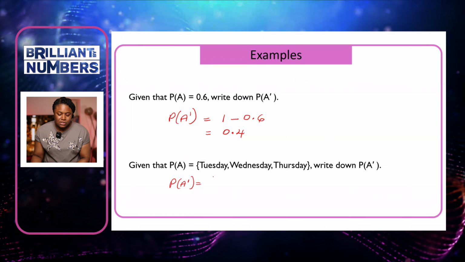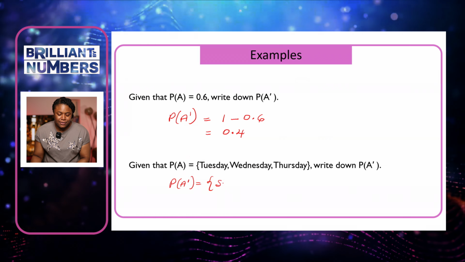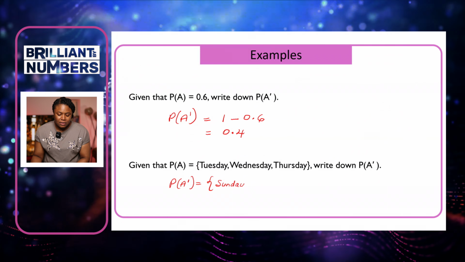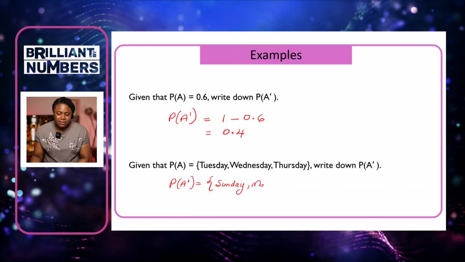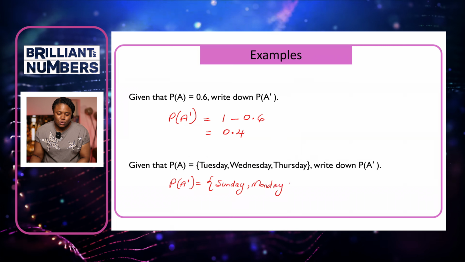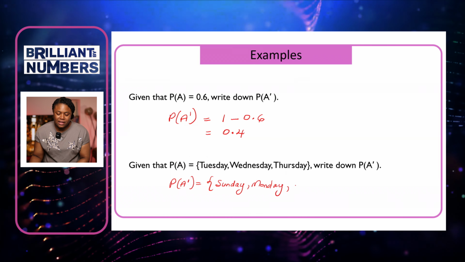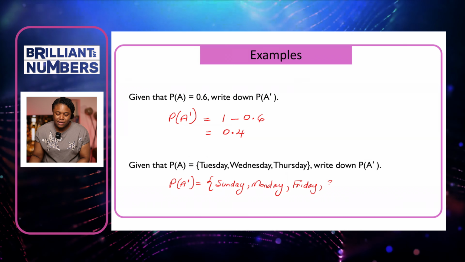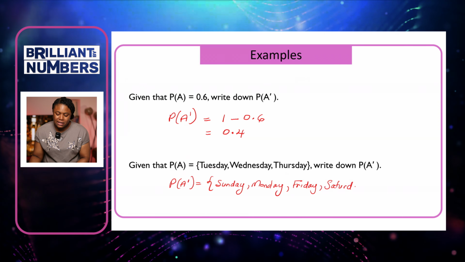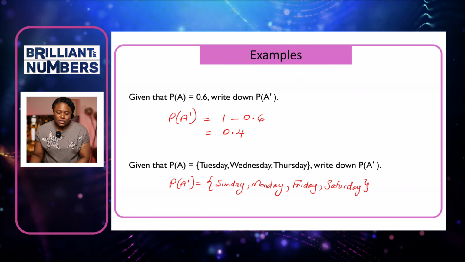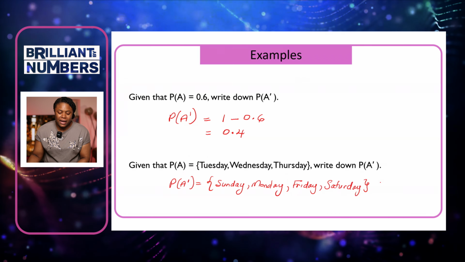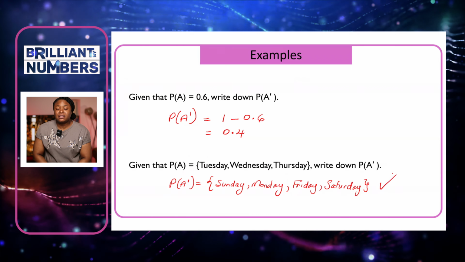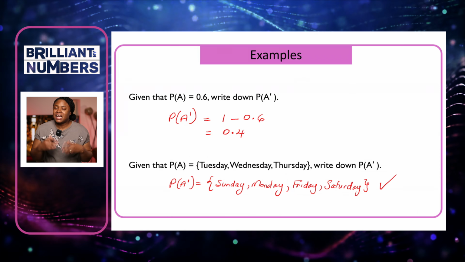Let's start with a curly bracket, Sunday, then Monday, then Tuesday, Wednesday, Thursday, so Friday and Saturday will be our other days that are the complement. We've got 3 there, 4 here. So the complement is Sunday, Monday, Friday, and Saturday.